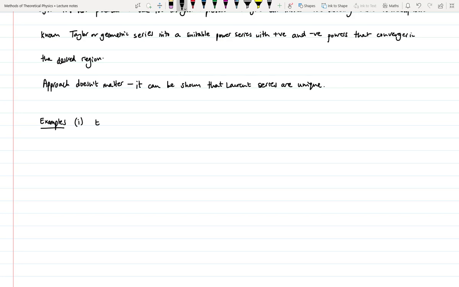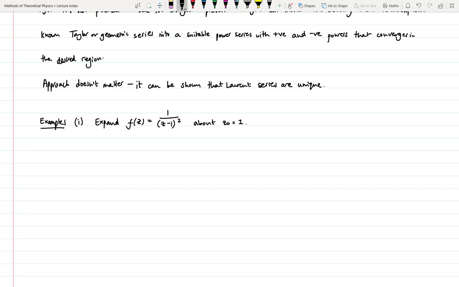First of all, let's consider expanding the function f of z equals 1 over (z minus 1) squared about the point z0 equals 1.